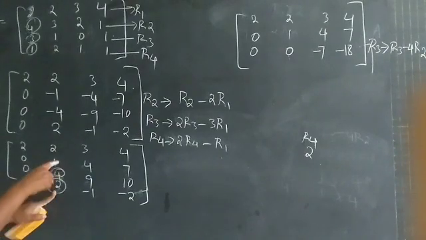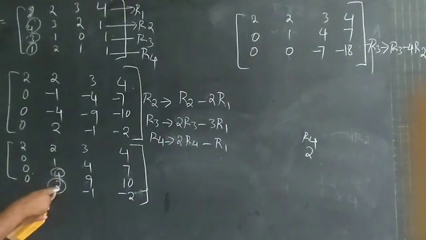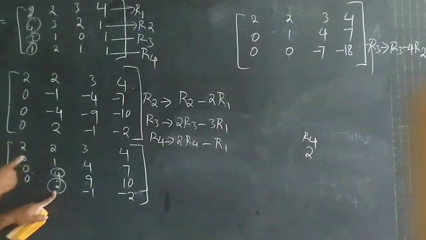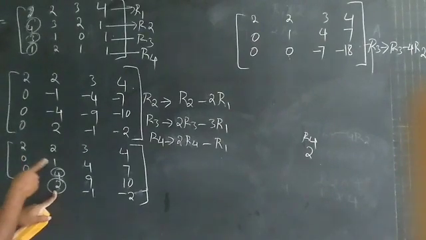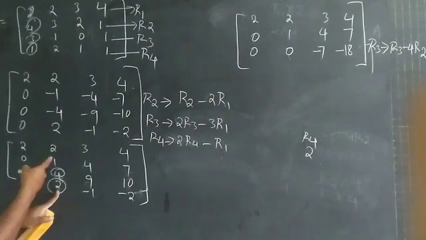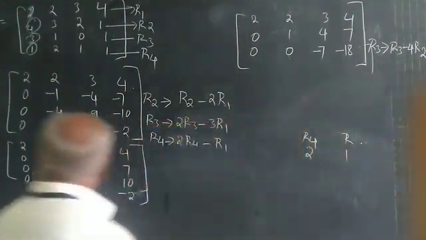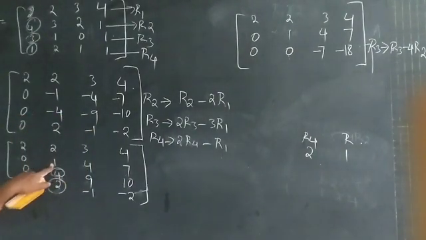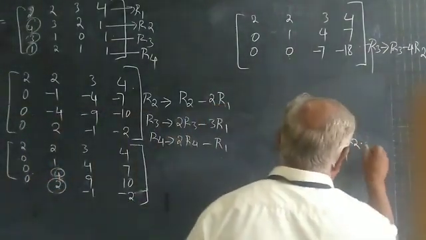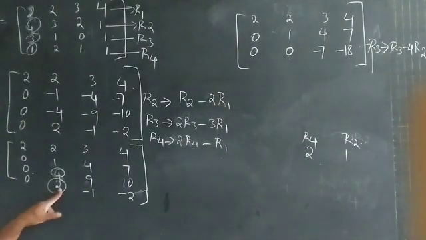From which element? From the 1, because behind 2, 1, 0 is there, and behind 1, 1, 0 is there. So you can select 2 and 1. 1 is in R2. I want to reduce 2 to 0.